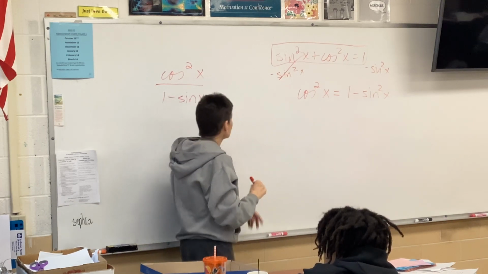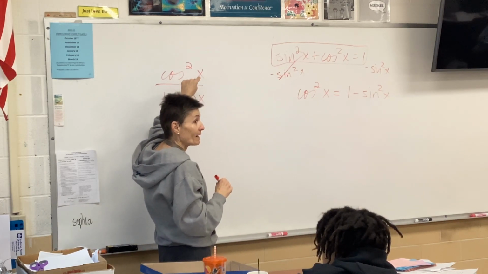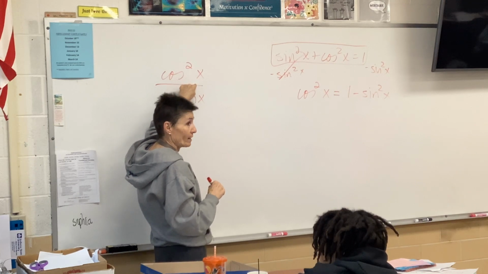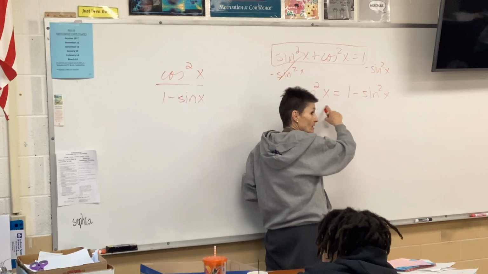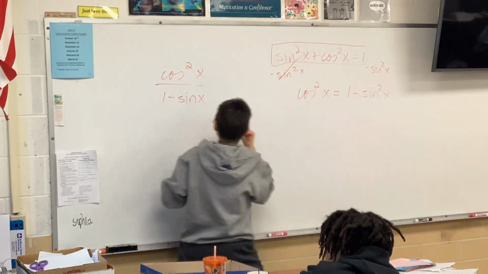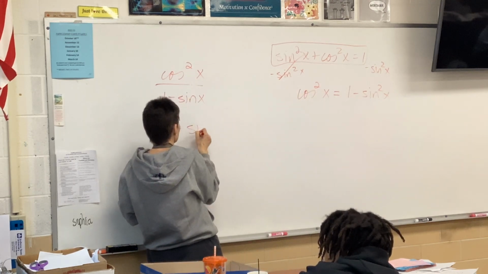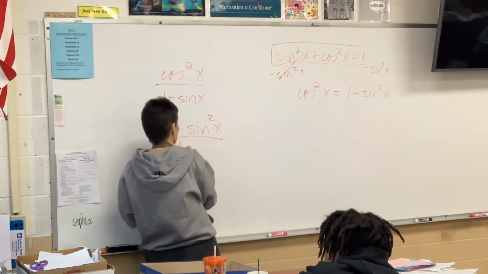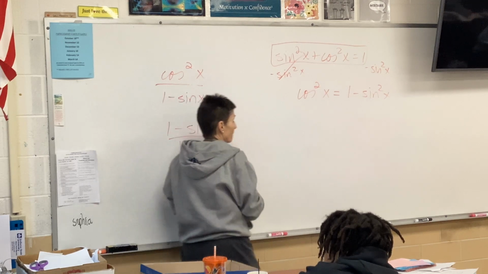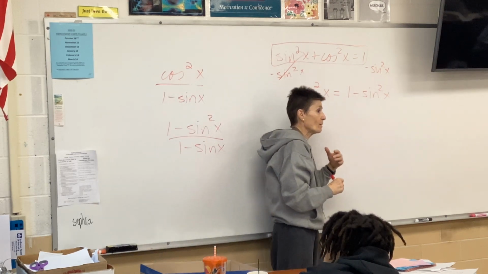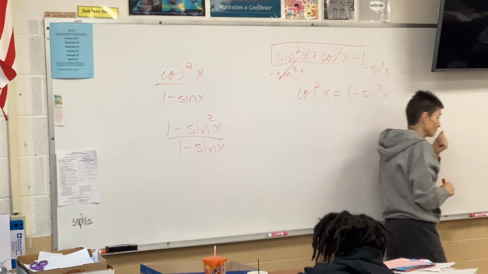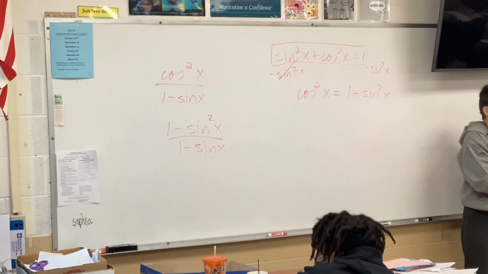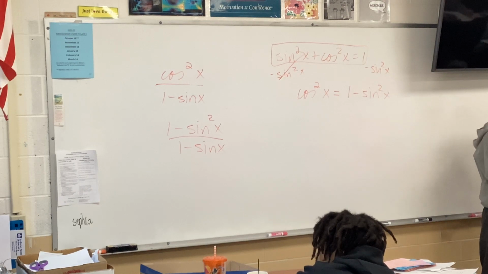Which means every time I see a cosine squared, I can replace it with 1 minus sine squared. So if I don't like having a cosine squared, I can just change it into a 1 minus sine squared.